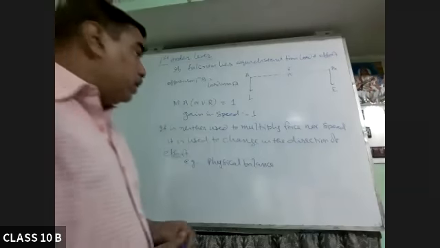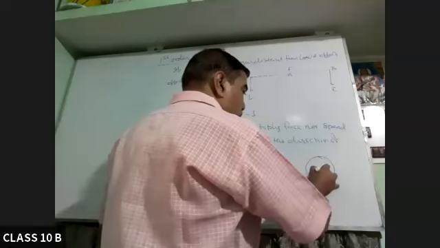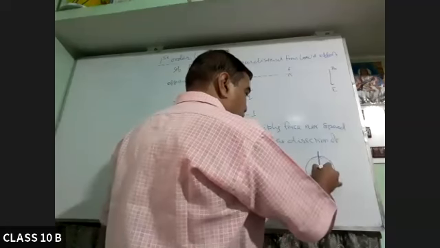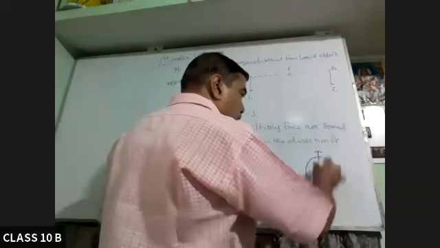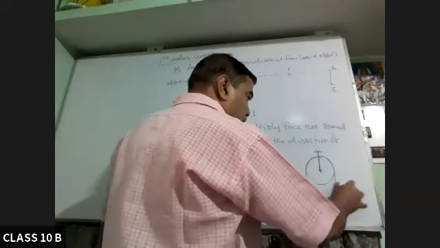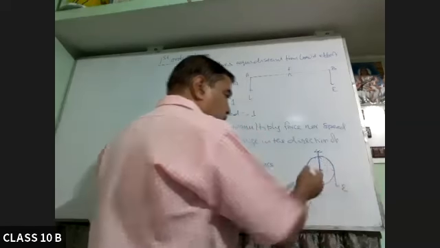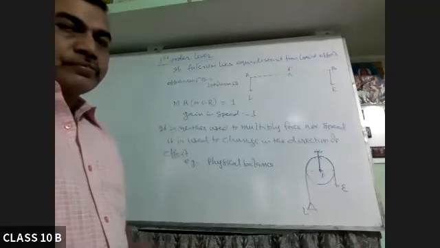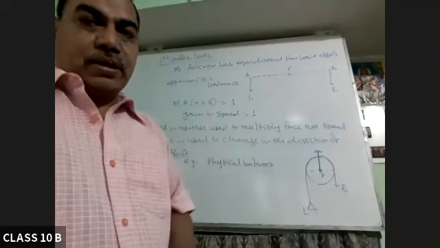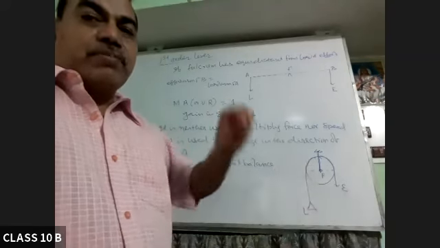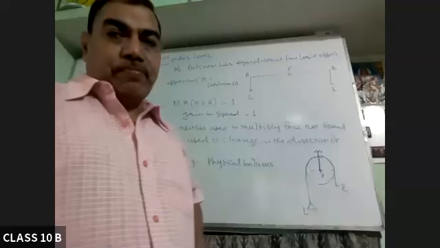If a single pulley is treated as a lever, in case of pulley also it is so. Here on one side is the bucket and on the other side we are applying effort. So this is effort, this is load, and here is the fulcrum. This distance and this distance are both equal. Sometimes it is asked, if a single fixed pulley is treated as a lever, then which class will it come?